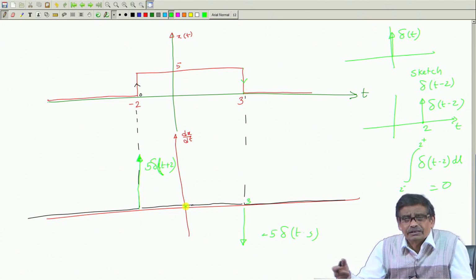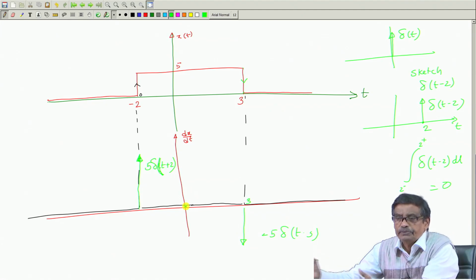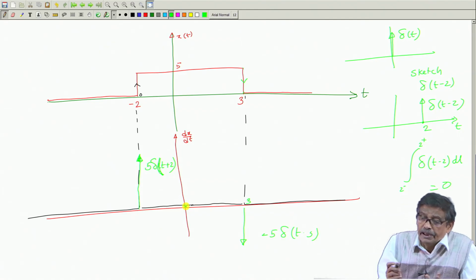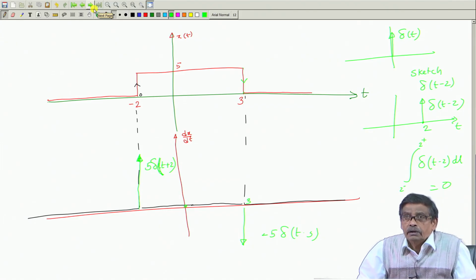More about this we will discuss further, because if you know a function x(t), and time is shifted to t minus a, the waveform itself is shifted to the right by an amount a. So with this I stop here, and in the next class we will solve an RL circuit, the response of the RL circuit, that is the current when the excitation is an impulse. Thank you.